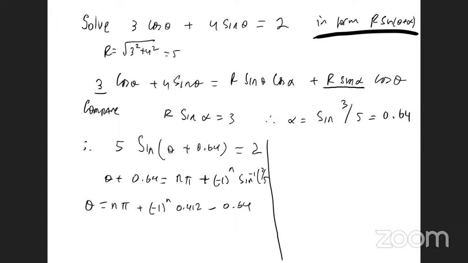Suppose I gave you something like this instead. Suppose instead I gave you 5 cos theta minus 3 sine theta. Right? That minus sign in the middle there is going to cause a problem. Okay?